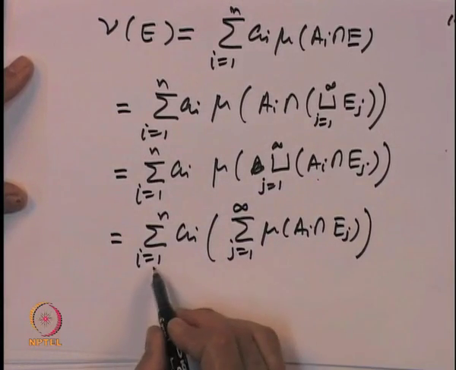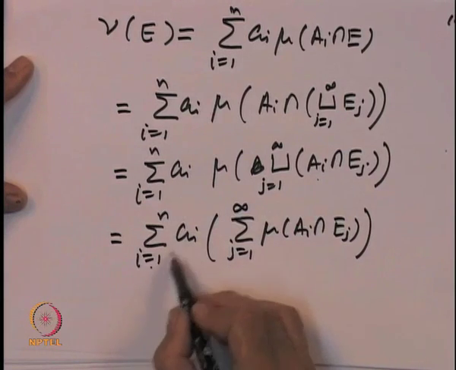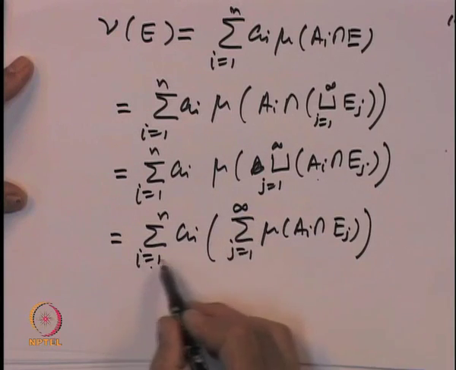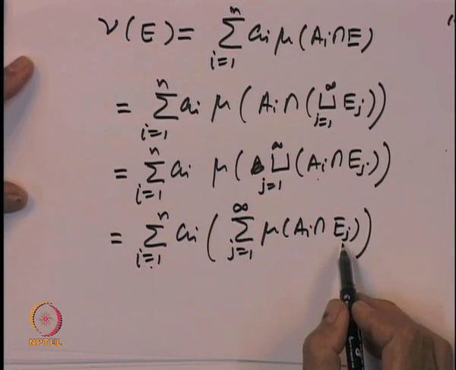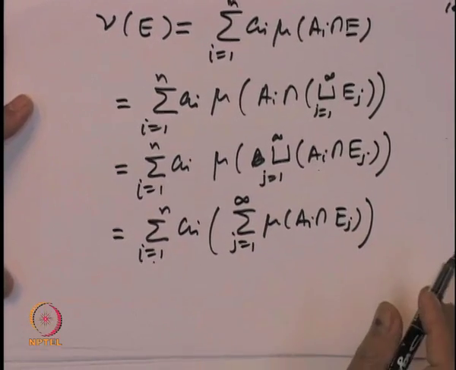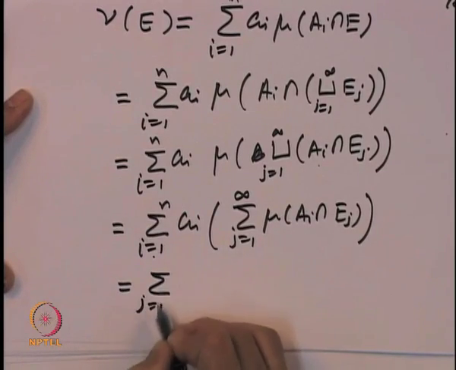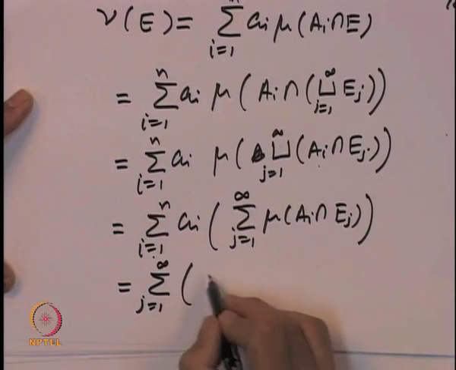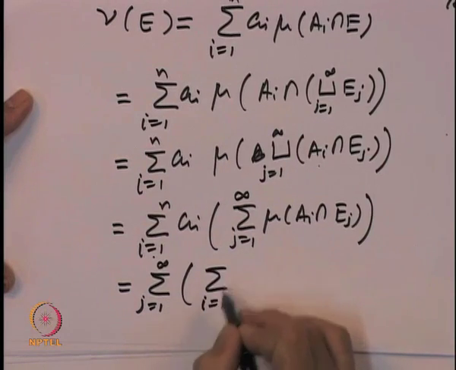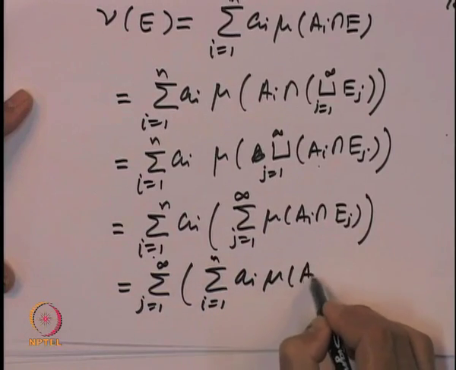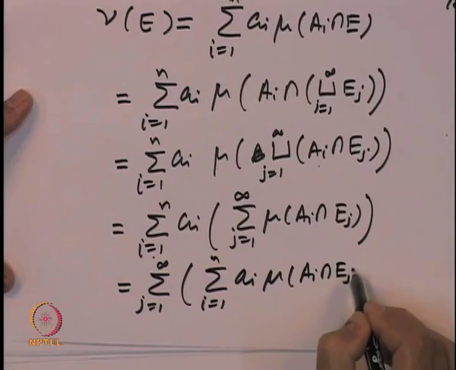Now, note that we have got two sums here, one is summation over i and another is summation over j equal to 1 to infinity, and all are non-negative extended real numbers. So, we can interchange the order of summation without any problem. So, we can write this as summation over j first, then summation over i from 1 to n of a_i mu of a_i intersection E_j.